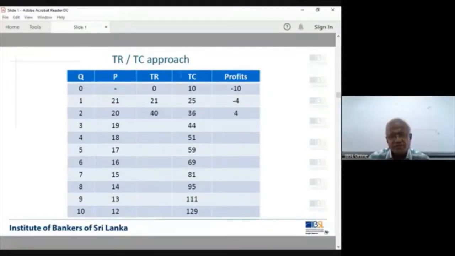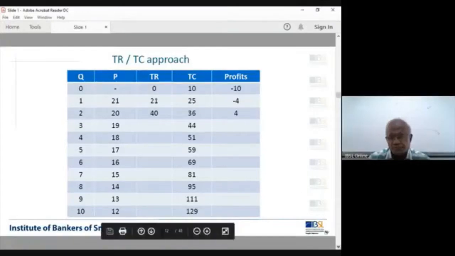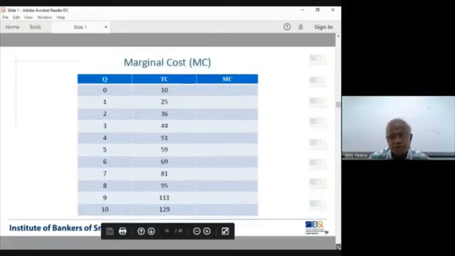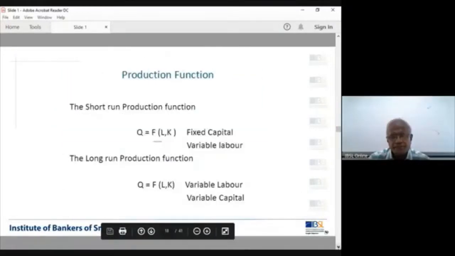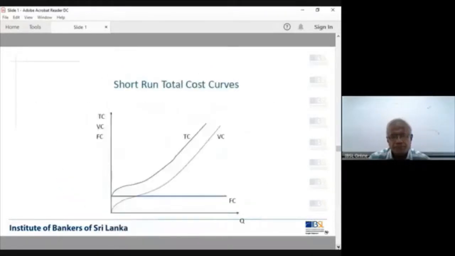The total cost when the firm does not produce any output is the fixed cost. Right. Short term total cost curve: fixed cost is always fixed regardless of the output.